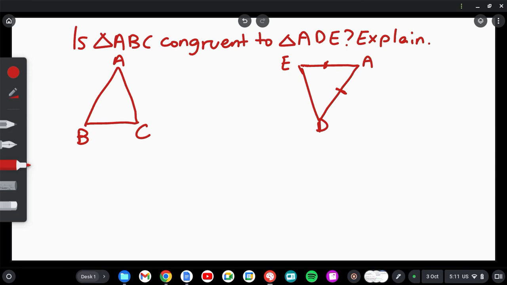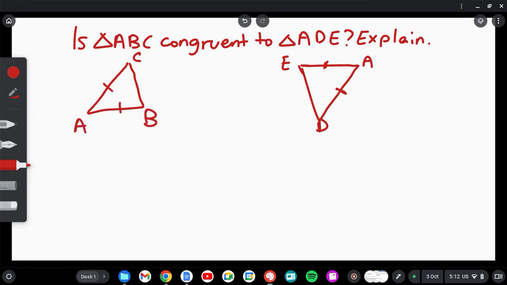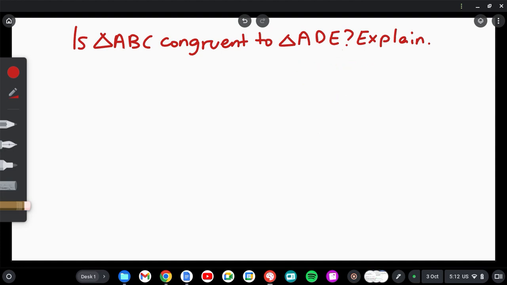Now, in congruency, let's say these two are the same. Wait, that doesn't even look the same. You need to be able to tell me whether they are congruent or not. I'll call this the 3, 4, 5 triangle. Hold on a sec, because my drawing is not clear.